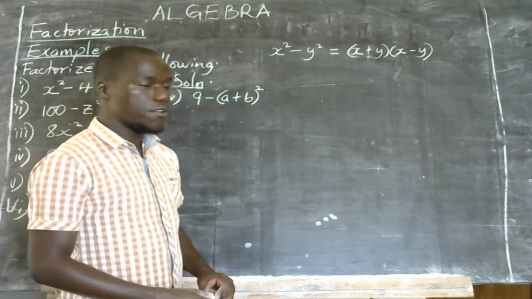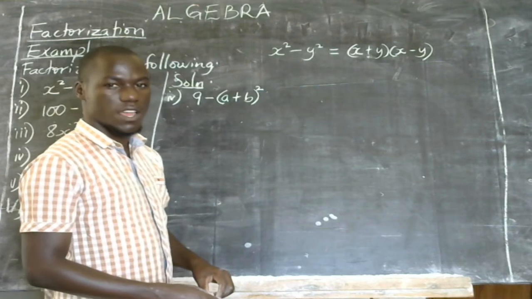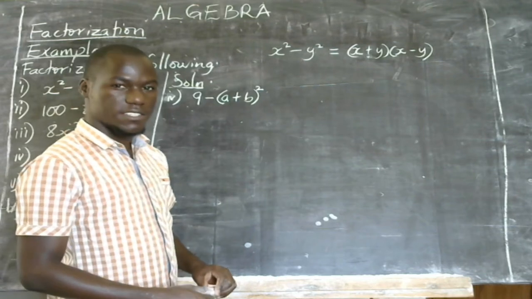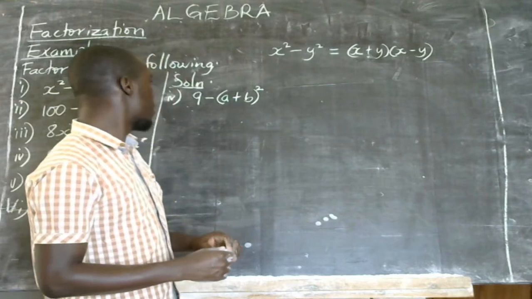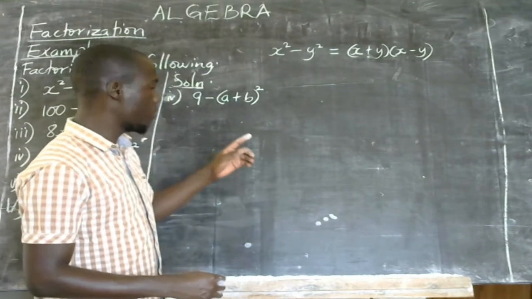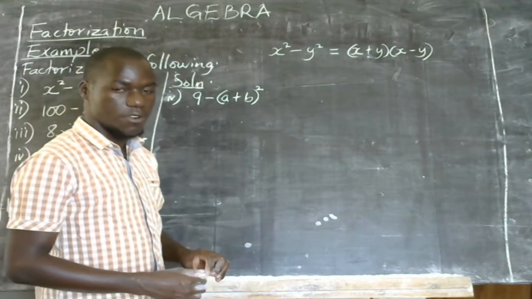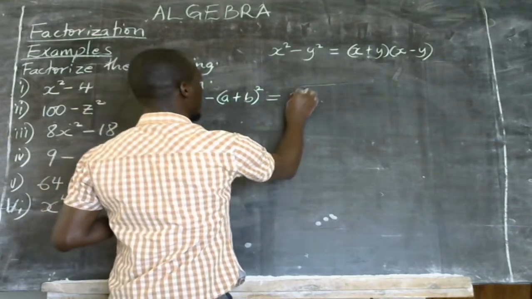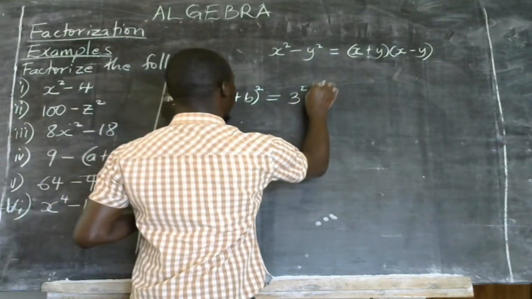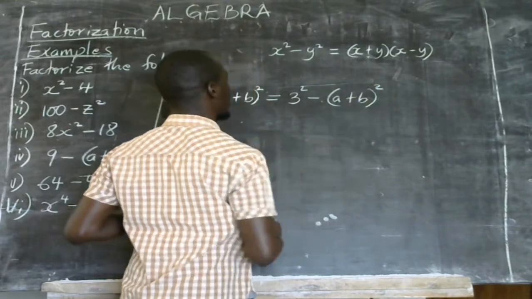My Roman 4, I'm having 9 minus a plus b squared. The a plus b is under a bracket and it is squared. So my aim is also to make this 9 have a square. 9 in index form is 3 squared. So this is going to be 3 squared minus a plus b squared.